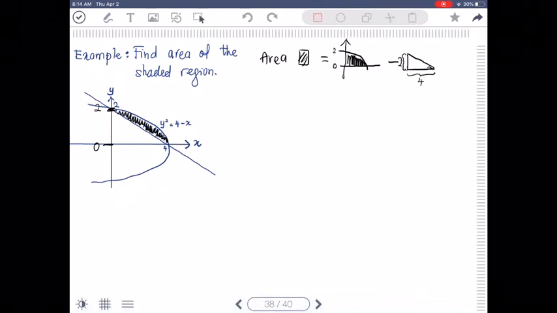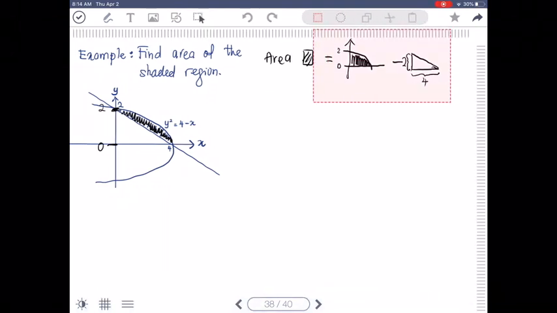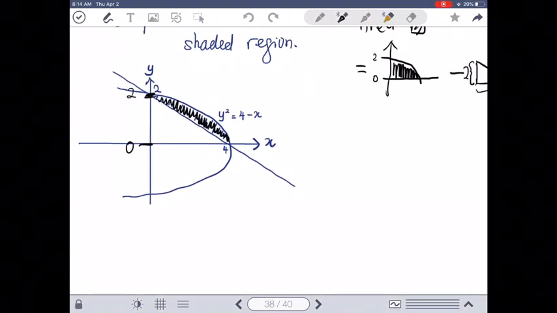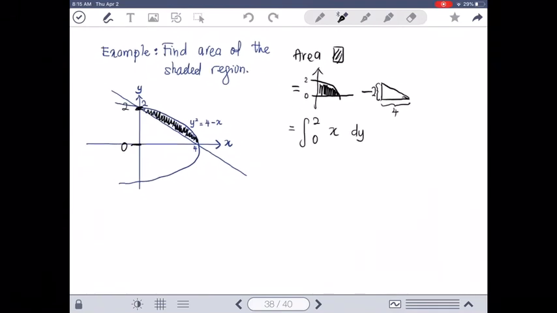Okay, so which means that for the first part, if you want to find the area below the curve, since the region is bounded on the y-axis, okay, so we need to integrate with respect to the y-axis from 0 until 2 of the function x.